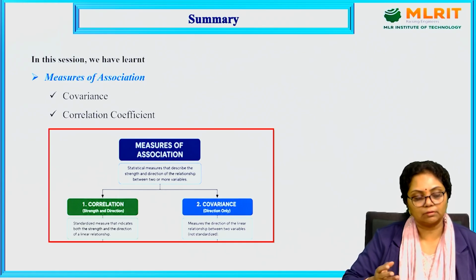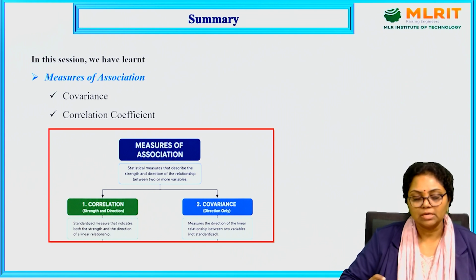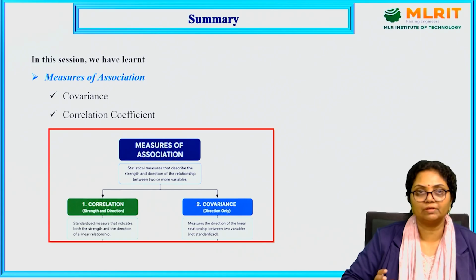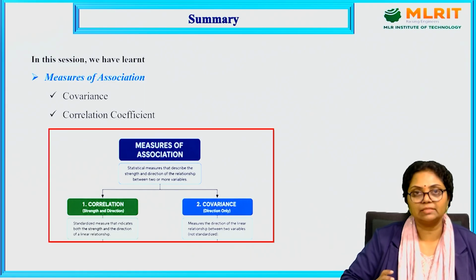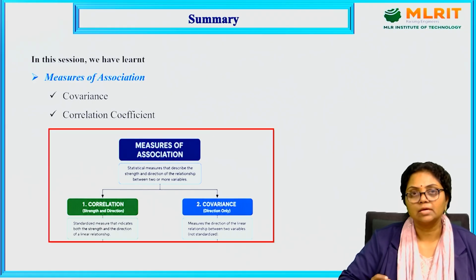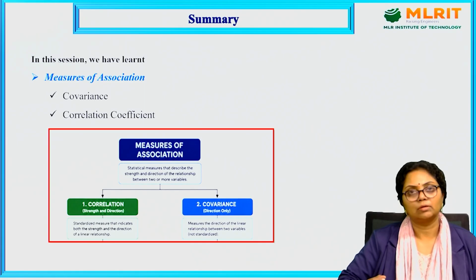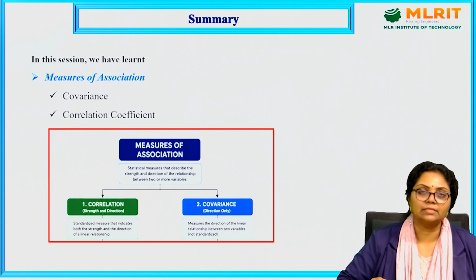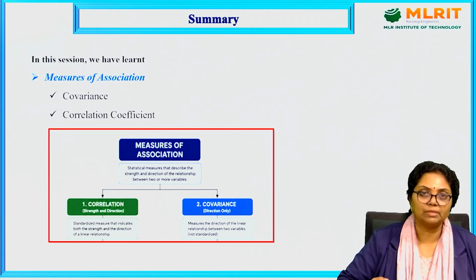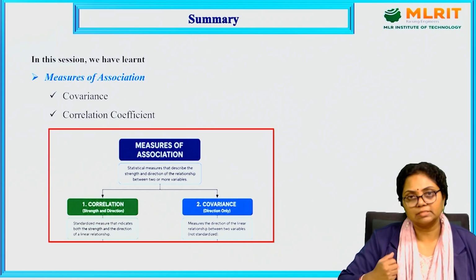Though we have come across all these formulae in the previous sessions, in Excel we have seen that there is no difference in the correlation part with regards to either population or sample, but we can see the differences with respect to covariance, because in Excel we have COVARIANCE.P for population covariance and COVARIANCE.S for sample covariance, and the formulas also differ, because there we are taking the standard deviation of population in the denominator part, and the standard deviation of sample in the denominator part when it comes to the sample covariance.